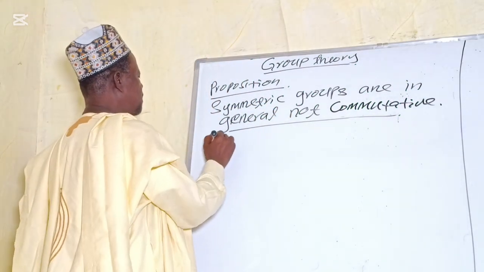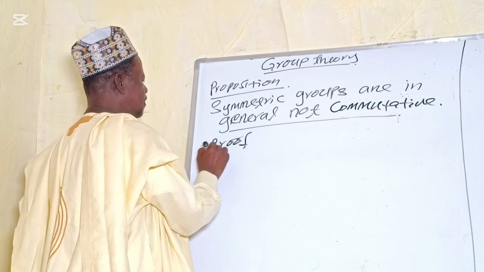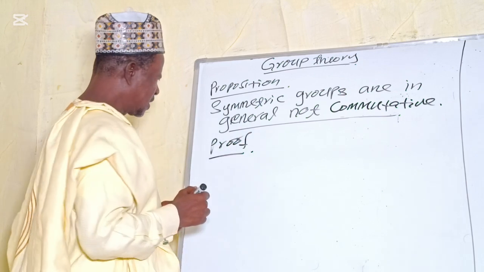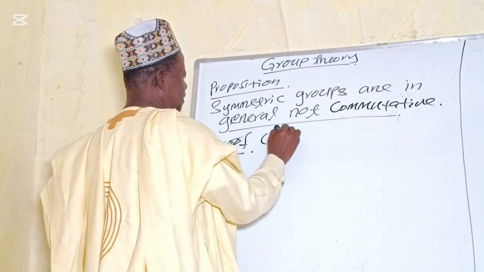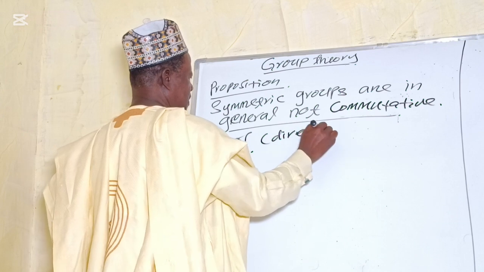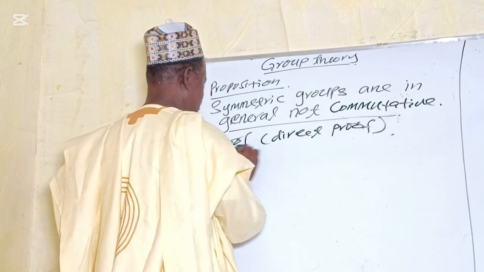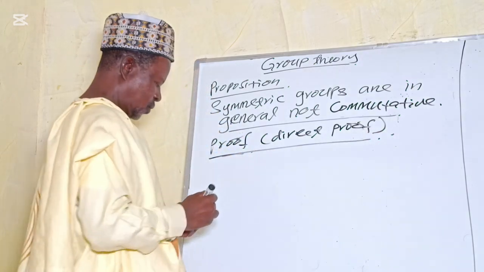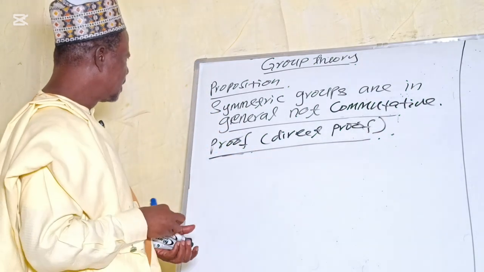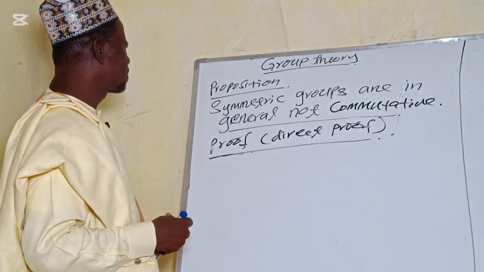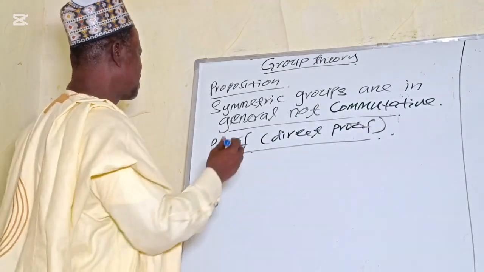So, proof. As usual, we are going to use the direct proof. Now let us consider permutations.